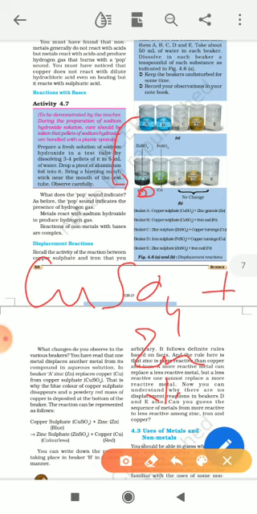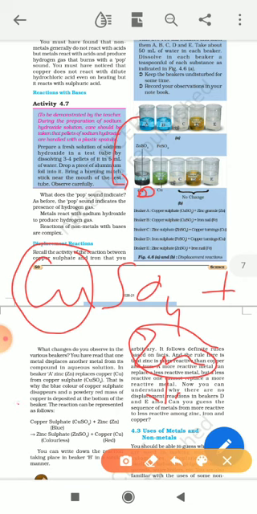Is it visible? So how is it clear? In science, everything is done on the basis of a few rules. Here zinc is more reactive than copper, so zinc can displace copper from copper sulfate.